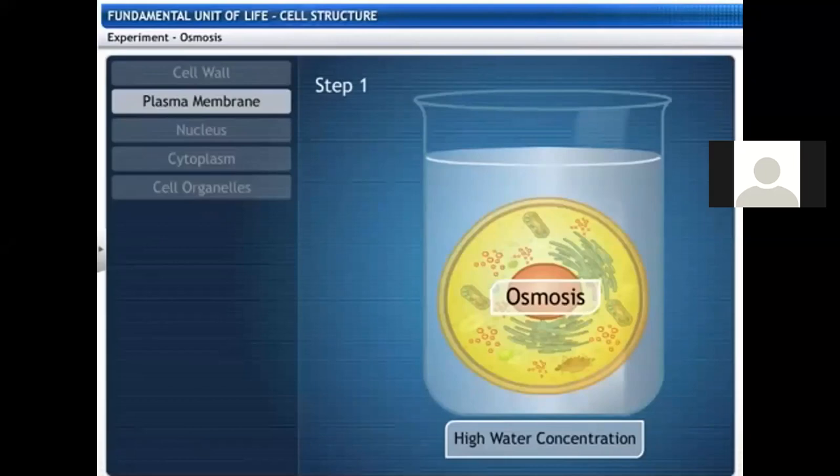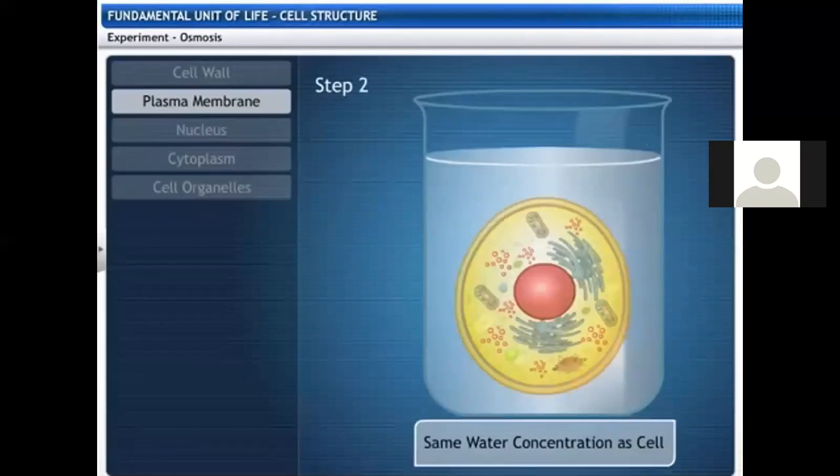Such a solution is known as hypotonic solution. If the medium has the same water concentration as the cell, there is no net movement of water through the membrane and the cell stays the same size. Such a solution is known as an isotonic solution.